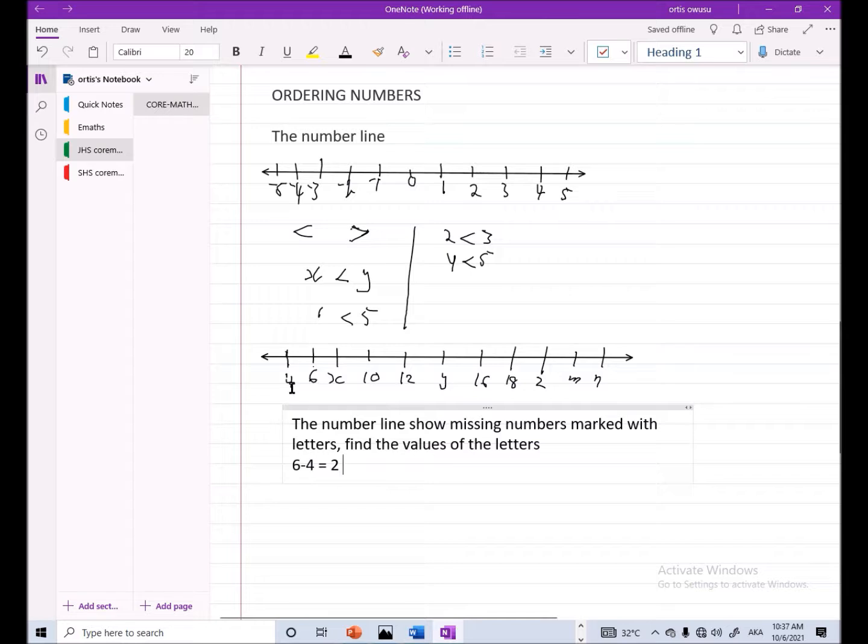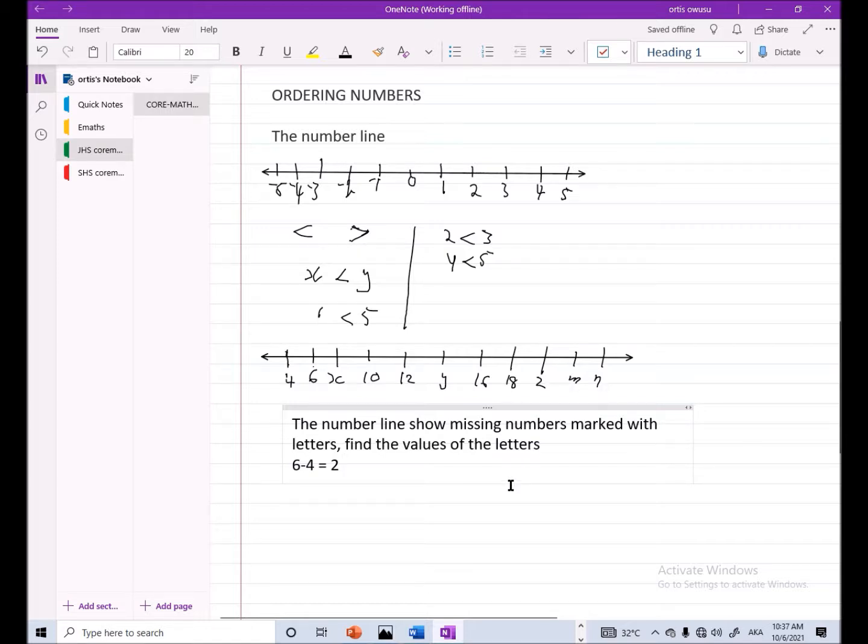So we can write here to be 2. This could be 2, 4, 6. Here could be 8, could be 10, 12, 14, 16, 18, 20, 22, and 24.